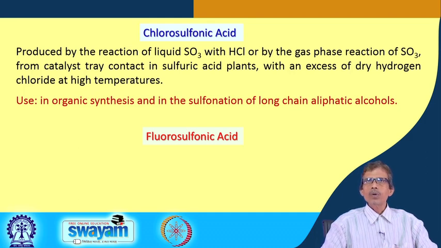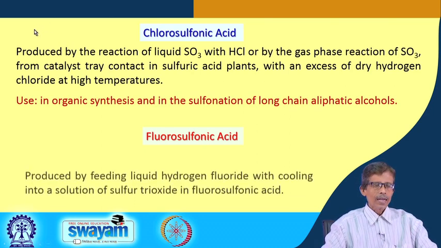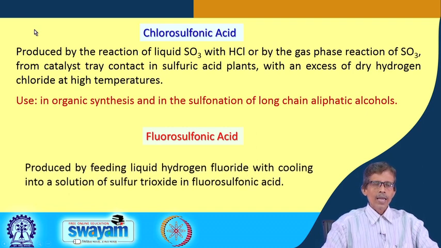Now, the next example is the fluoro one. That means, instead of Cl attached to the sulfur end of the sulfonic acid function, now you have the fluorine end which is attached to the sulfonic acid group, with fluorine as the corresponding part.